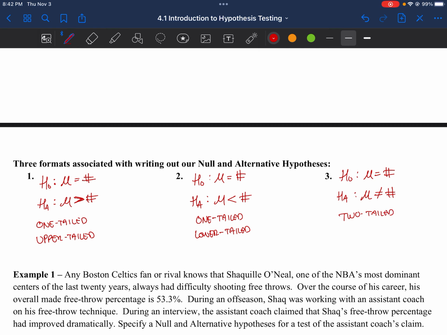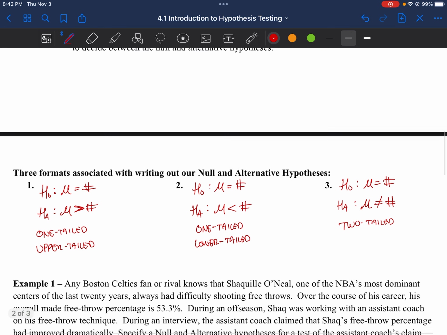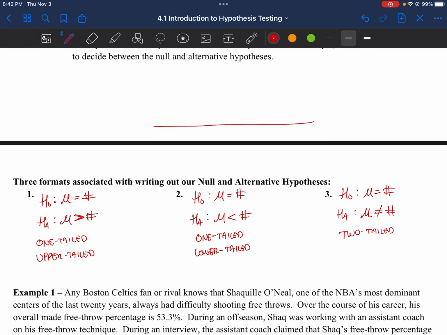Now, why are these called one-tailed and two-tailed? Well, this goes back to the idea of a normal curve. If this is our population, and remember, at first at least, this is going to be a sampling distribution. We're taking a sample and we're wondering, how does it compare to the population? It doesn't matter if the population is not normally distributed. If the sample that I'm taking is large enough, then the sampling distribution is normally distributed.